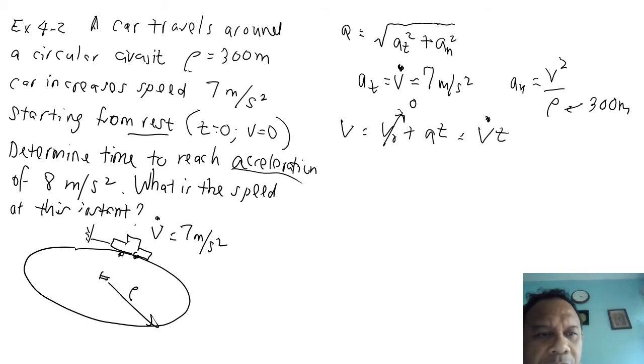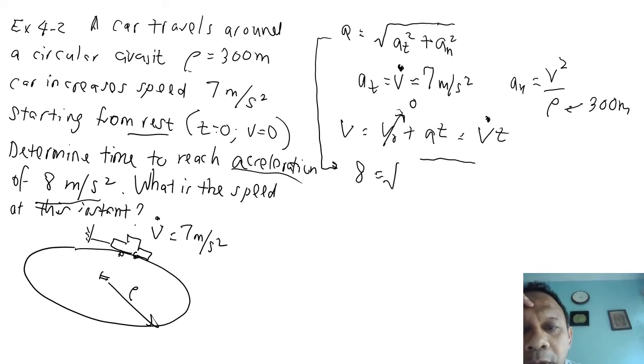From this equation, it wanted to achieve 8 meter per second square, so we put 8 here: square root of 7 square plus an square.